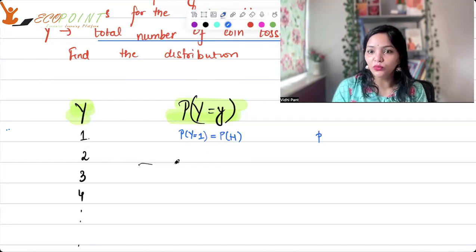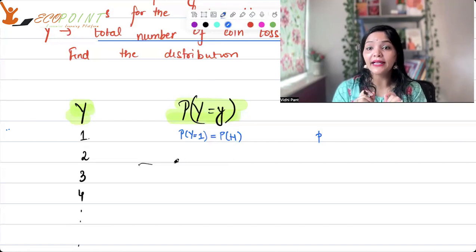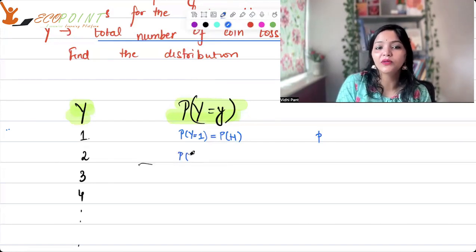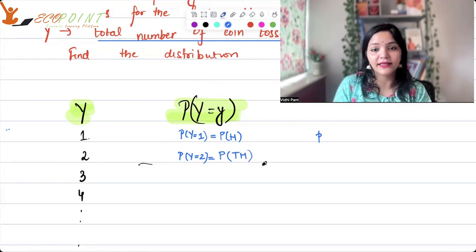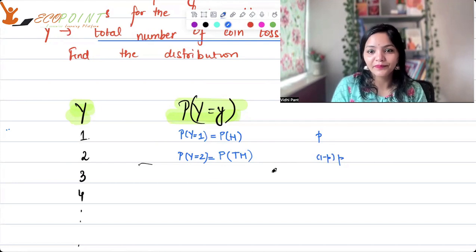Y is equal to 2. That means I'm tossing 2 times. Why? Because I'll be getting my first head on my second toss. That means probability Y is equal to 2 is the probability of the outcome tails and then heads. I'm getting heads at the second go. So that will be (1 minus p) into p.